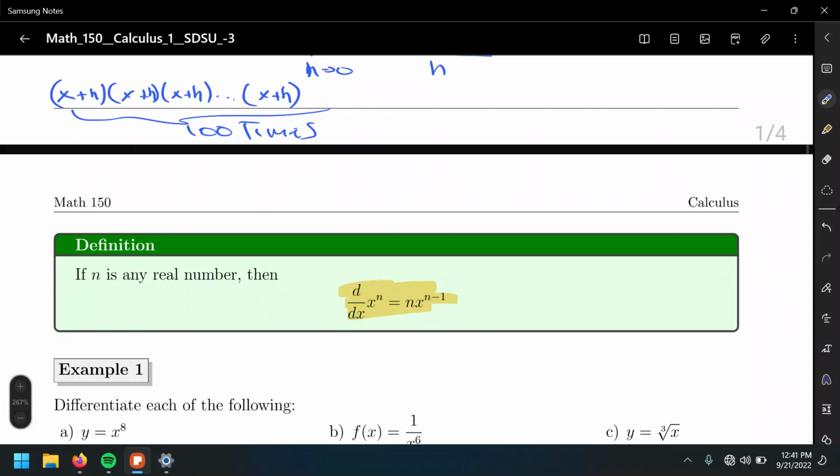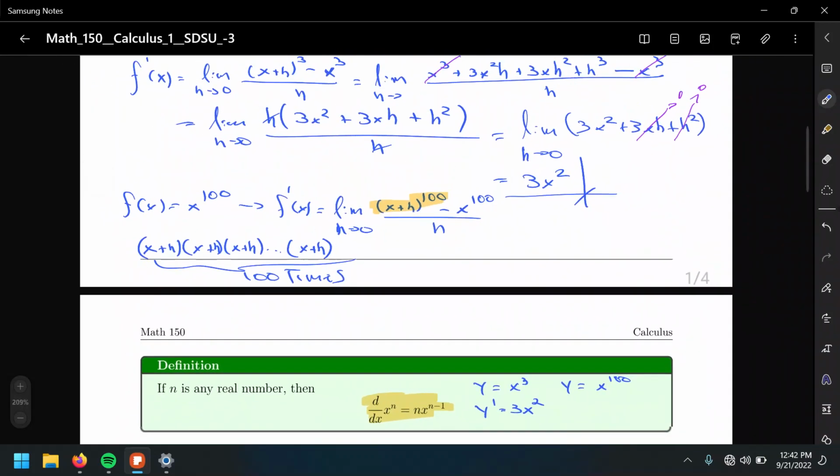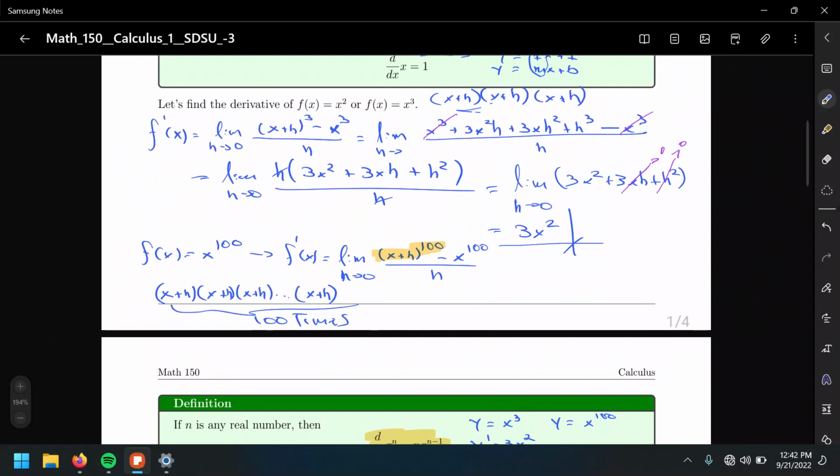So for example, y equals x cubed and y equals x to the 100. We're no longer going to need the limit definition. What we do here is multiply by the exponent: y prime is 3, x to the 3 minus 1, which is 2. You see how we got the derivative in seconds? Instead of going through the limit definition, which took maybe 5 minutes?